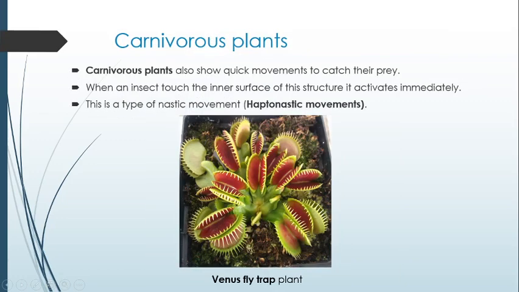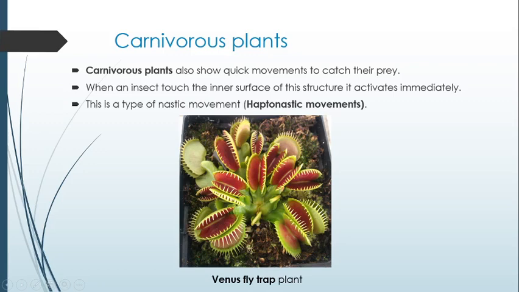And the other one is carnivorous plants. These carnivorous plants also show quick movements to catch their prey. Carnivorous plants catch small insects or small animals to get nutrients, because these carnivorous plants grow in nutrient-poor soil.